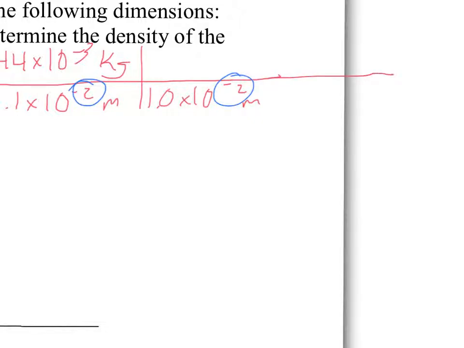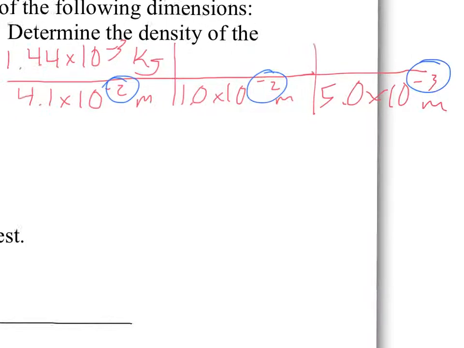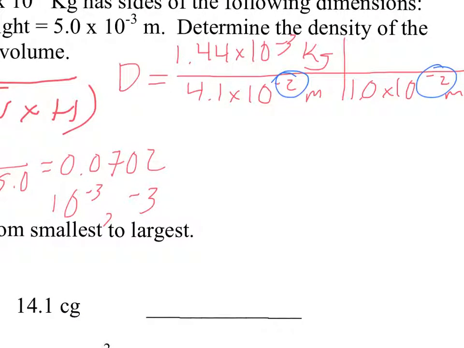We had another line here. We had 5.0 times 10 to the negative 3 meters. This last power, I can subtract these down at the bottom.